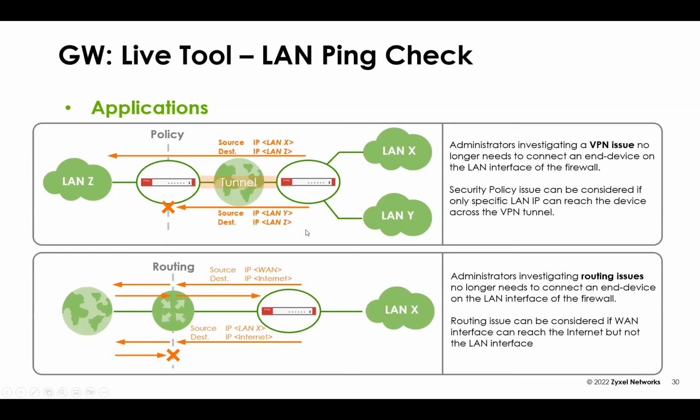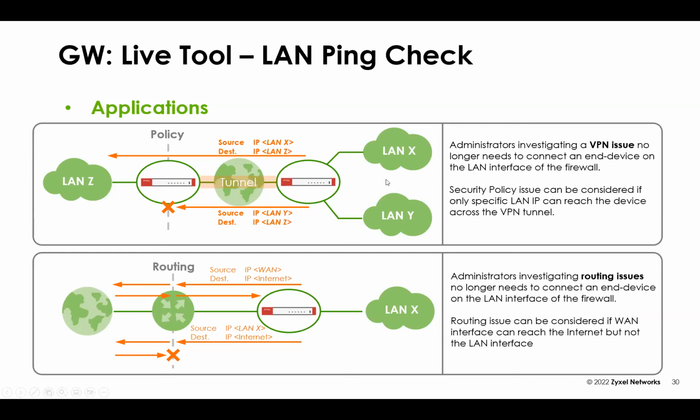So for a VPN, you can use the LAN side, like we saw previously. We can choose the LAN, and we can ping an IP address through the VPN tunnel to see if there's a routing issue, to see if we get a return from that ping to see if traffic is going through the VPN.